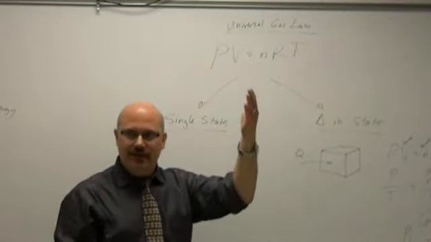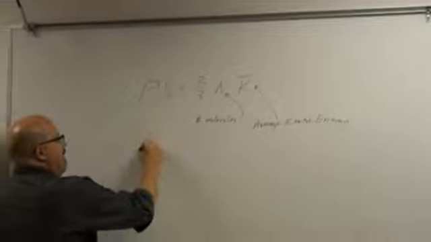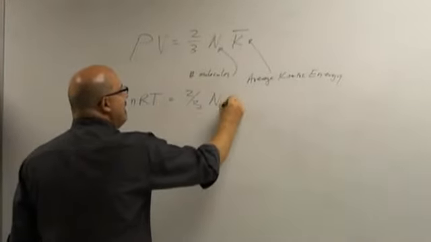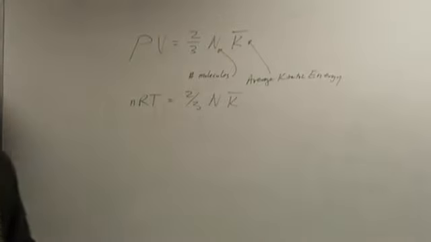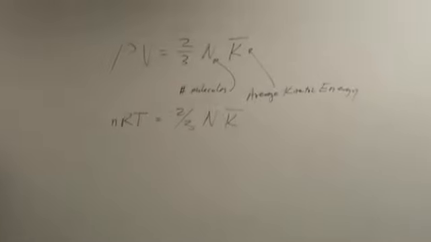It's just a different way of counting. So these are very similar. So here we go. nRT must equal 2/3 N K average, because PV equals PV.